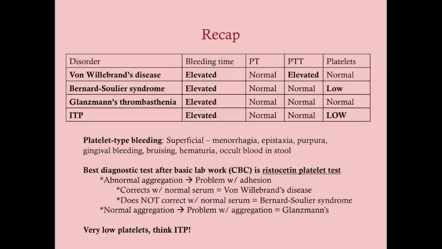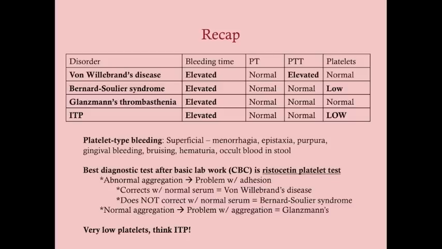With Bernard-Soulier syndrome, you're going to have an elevated bleeding time, possibly with low platelet count, and the reason for that is unknown. Glanzmann's thrombasthenia is a disease of GPIIb/IIIa, and this is going to be just an isolated elevated bleeding time. And then with ITP, you've got an elevated bleeding time and low platelets because your macrophages are eating up your platelets due to some kind of immune issue.